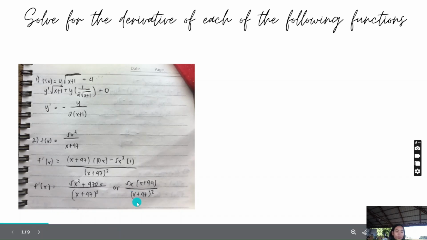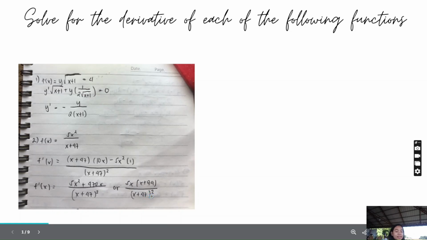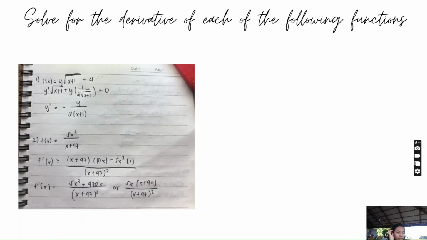Or we can simplify this by getting the factor from the numerator. The factor of 5x squared plus 470x is 5x, so we isolate 5x, and then we obtain the quantity x plus 94, all over x plus 47 squared. That would be our answer for number 2.